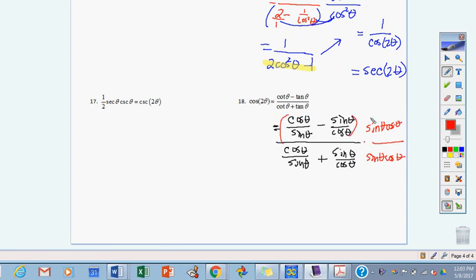So when I distribute that to both parts, on the top and the bottom, something nice kind of happens here. Not going to show all my work, but I'll talk you through it.